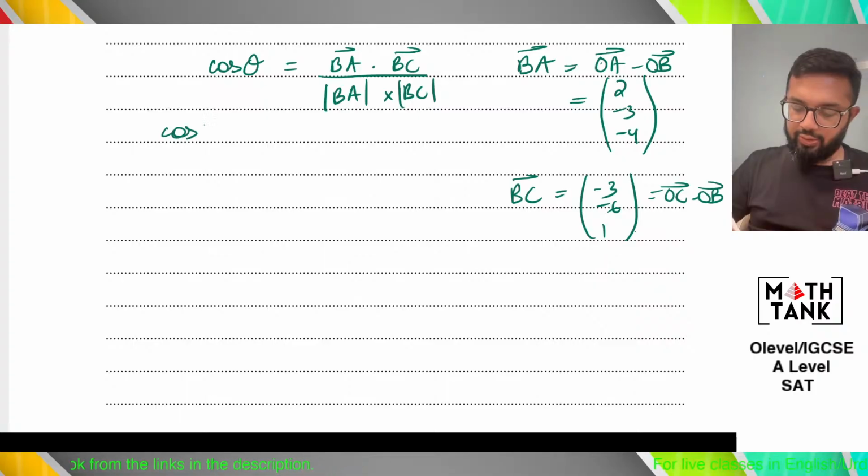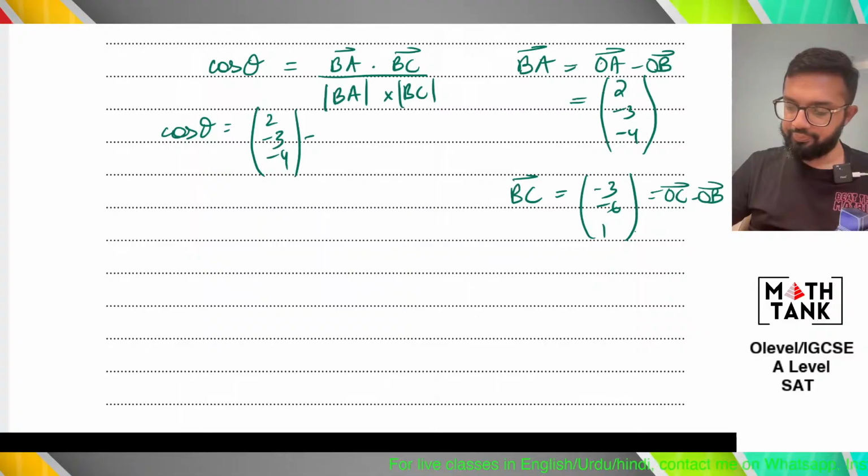Okay, so cos theta is the dot product of BA and BC, right?